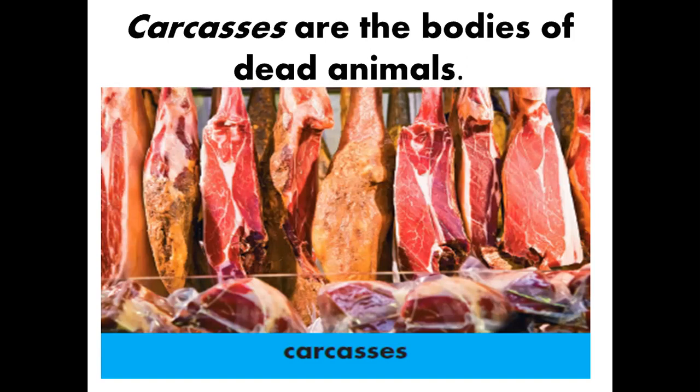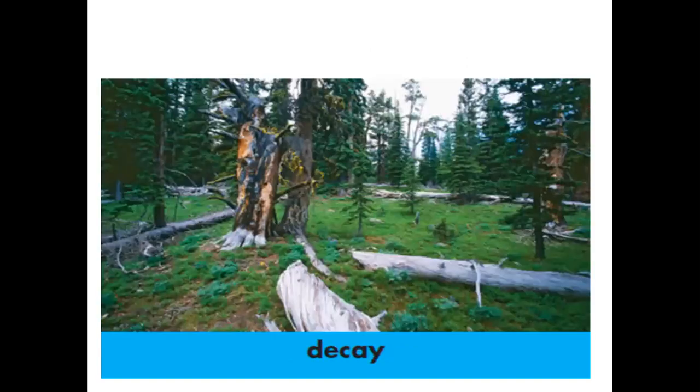As you can see, after the animal has been slaughtered, the meat that we probably may buy and eat, we call it what? Carcass. If it is more than one, we say carcasses. You add es.